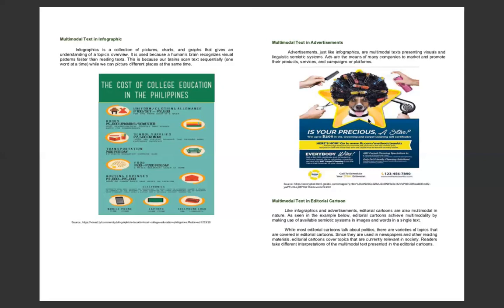We usually see this in advertisements about a movie, or about the environment, like the things we see now on how to prevent COVID-19. So this is an example of an infographic.